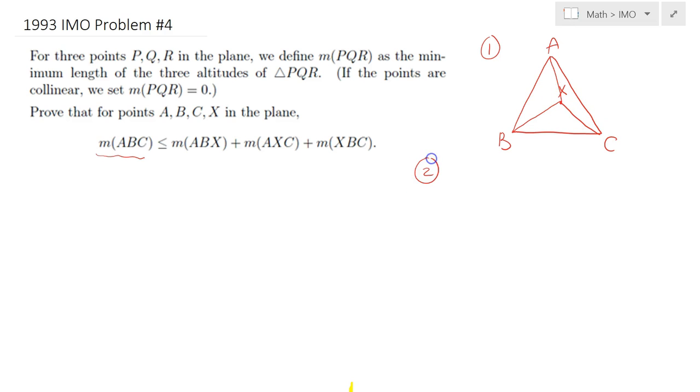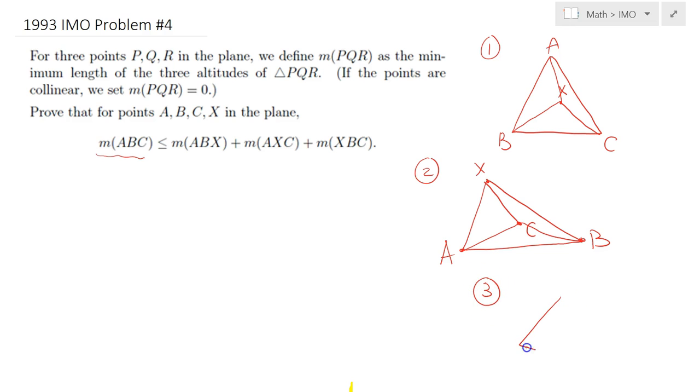Another configuration would have X on one vertex, A and B on the other, and the remaining vertex, let's say C, inside the triangle. That's the second configuration. And the final configuration would be all four constituting a convex quadrilateral. So we'll go in fact in that order.